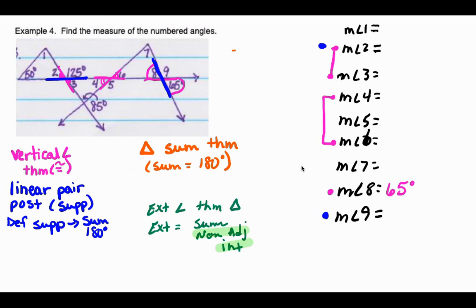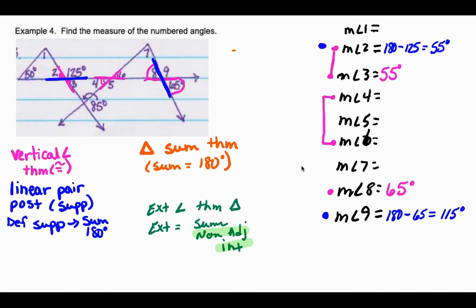So since the angles are supplementary, the sum is 180. So if the sum is 180 and I subtract the known angle, I will get the missing angle. I can do the same thing for 9. The sum is 180. If I subtract the known angle measure, I will get the missing angle. So now we have angle 2. By vertical angles, angle 3 is going to be exactly the same measurement.